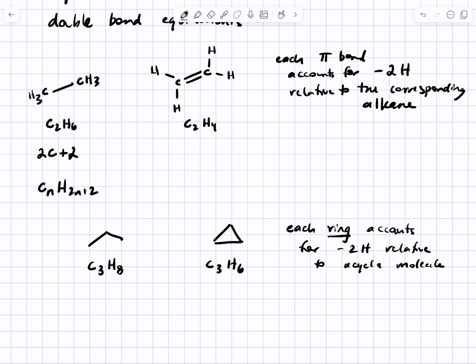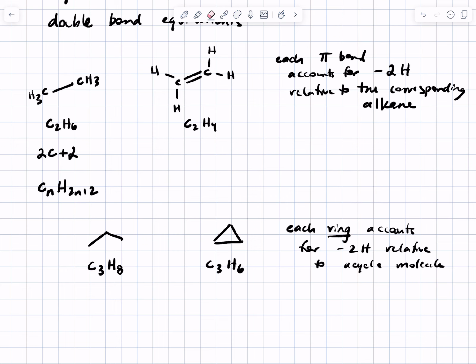So if we look at a molecular formula and compare the number of hydrogens we actually have relative to the number of hydrogens we would have in the corresponding acyclic alkane, we can get an idea of how many pi bonds or rings a molecule may have.